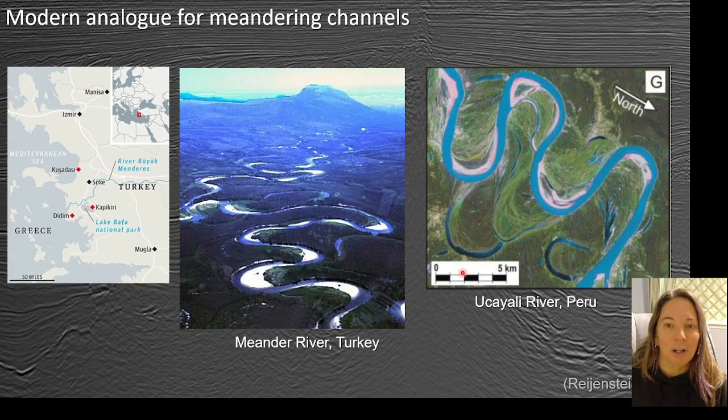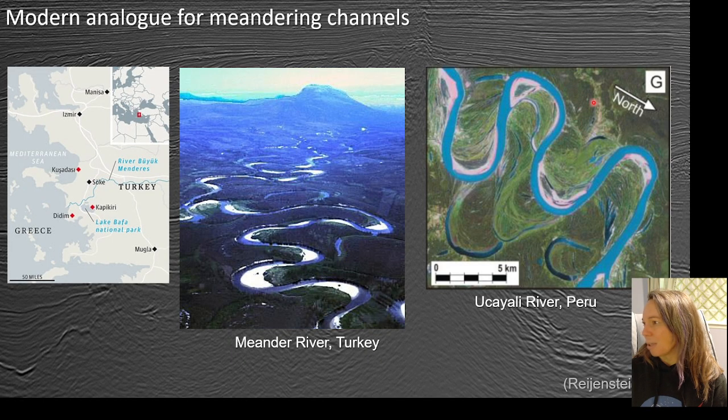Other features that we often see are meandering channels. And so here we're looking at a couple of meandering rivers, the Meander River in Turkey, and then another modern analog in Peru, where we've got the meandering channel, we've got sandbars building up, we've got scroll bars.